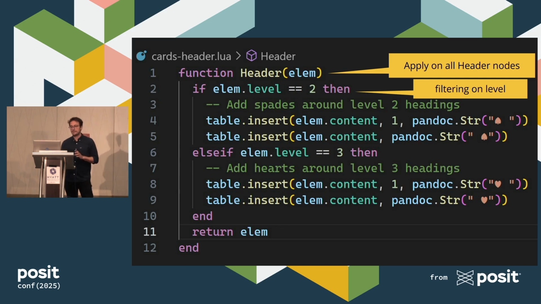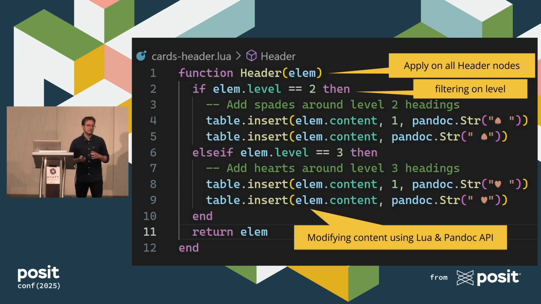And how those elements are added, the content is modified using some API from Lua or Pandoc. The table.insert function is a way to add some elements inside the contents of one of the nodes, and the pandoc.str function is coming from the Pandoc API, and it's a way to create new elements. So you can modify, you can create elements.